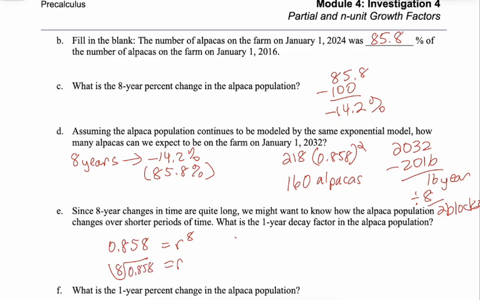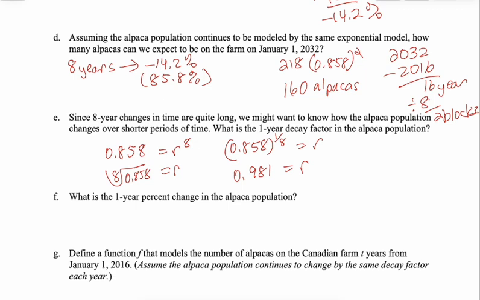Or you can even think, if you were putting it into a calculator, taking it to the 1/8 power. Now, if we do that, approximately every year we could use the 0.981 as our rate if we wanted to do it year by year by year. How could you check your work? Well, if you put 0.981 into a calculator, you put it to the 8th power, it should give you that 0.858, okay?